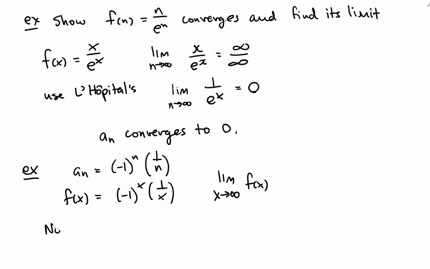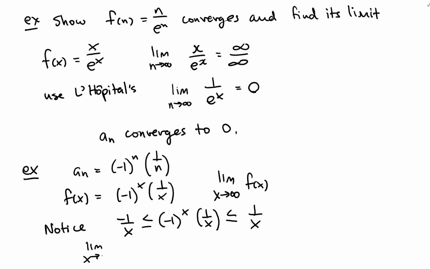And if we notice that negative 1 over x is always smaller than negative 1 to the power of x times 1 over x, and that's always smaller than 1 over x, then we can use the limits as x goes to infinity of each of these end pieces.